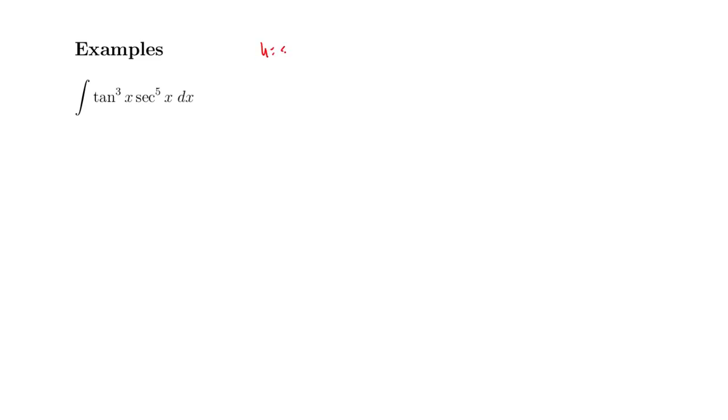Let's try picking u to be the secant function and du to be the tangent times secant function. Let me write this nicer. Secant x tan x dx. All right, so that means I need to peel off a copy of secant and tangent. So I'm going to write this as tangent squared times secant to the 4th times secant x tangent x dx, where this last big ugly chunk becomes du.